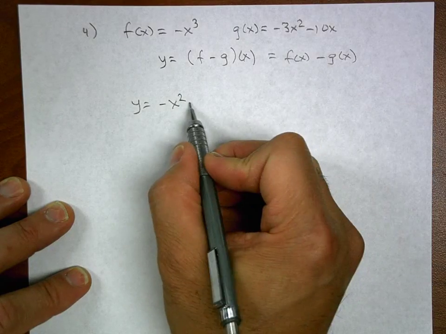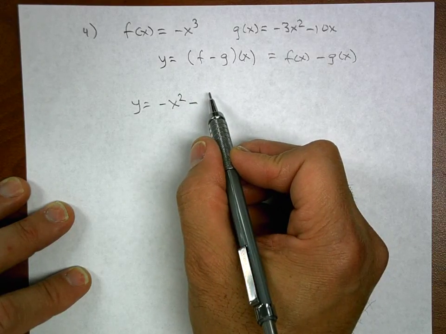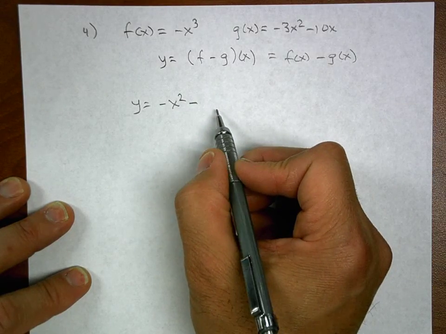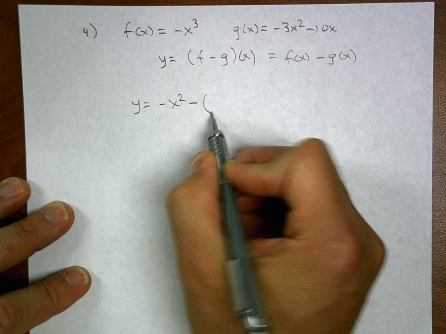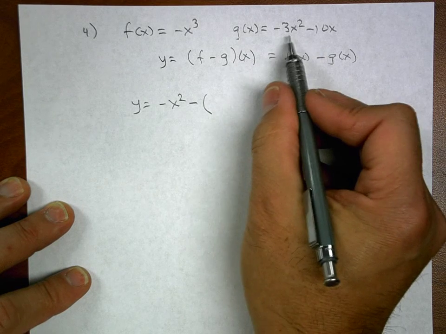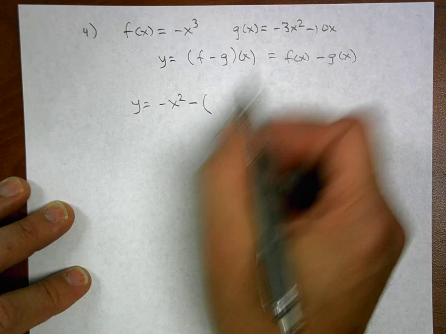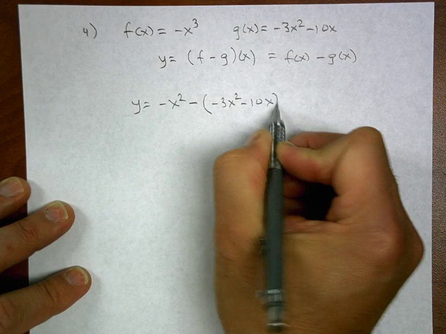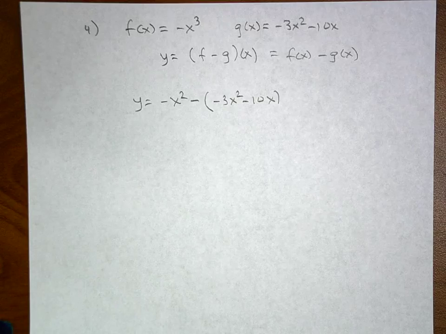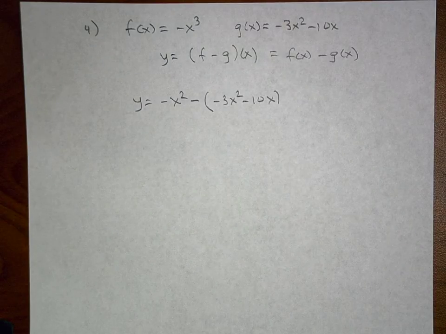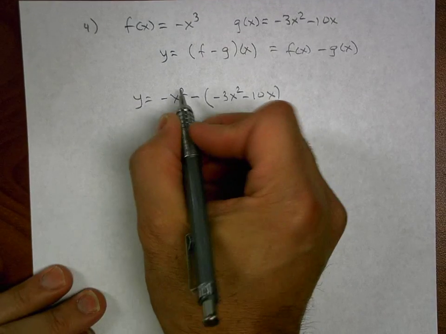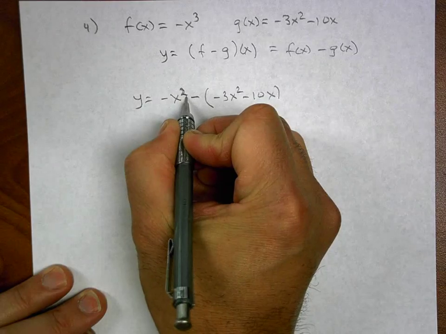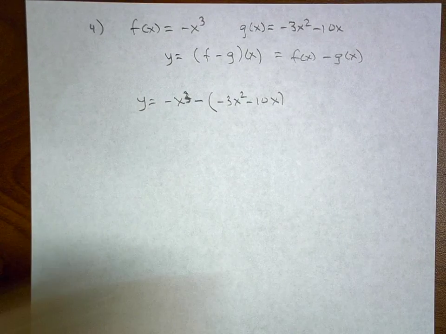So I just write g of x, in parentheses, so minus this, because we're going to have to distribute the negative. So let's go ahead and write g of x. So -3x squared minus 10x. Absolutely correct. Cube. Sorry. Thank you. Yeah, so you're even correcting.